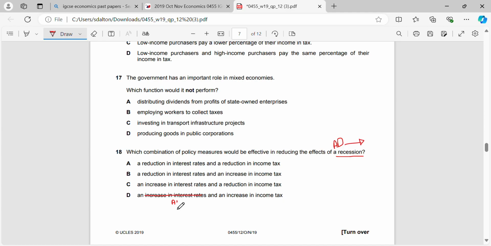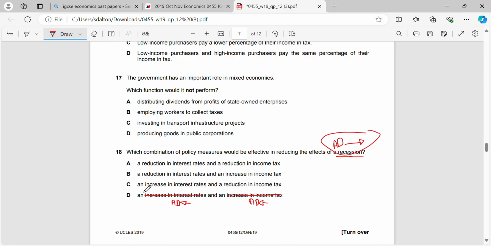It's contractionary monetary policy. An increase in income tax will do the same thing. That's contractionary fiscal policy. It will move AD left again. So they're wrong. We know we want to move it to the right.